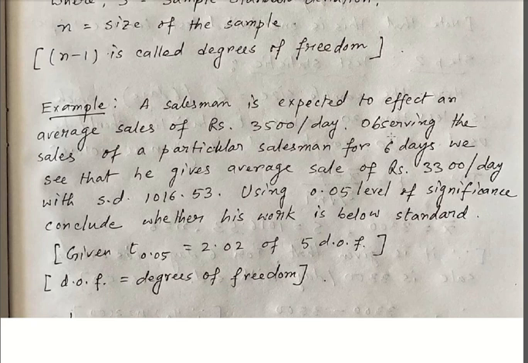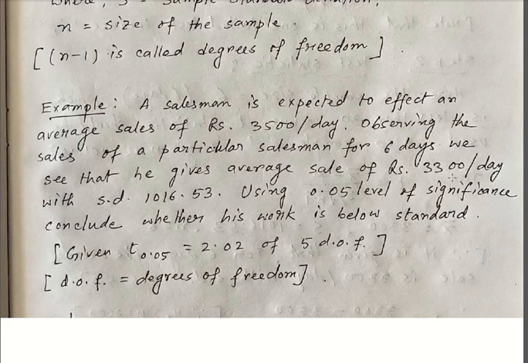Now after observing these 6 days, we see that he gives an average sale of 3300. That is, the average of 6 days is selling 3300 rupees per day. But he is expected 3500.